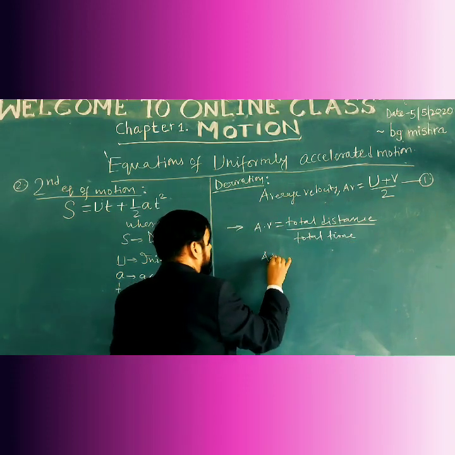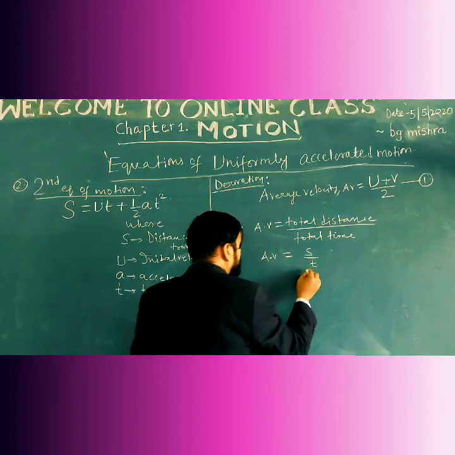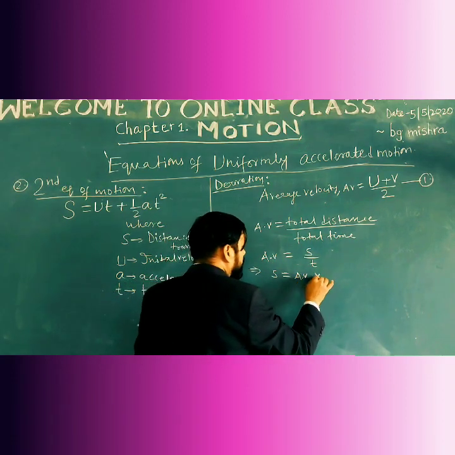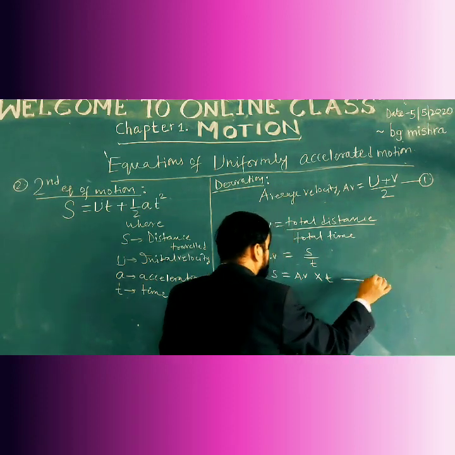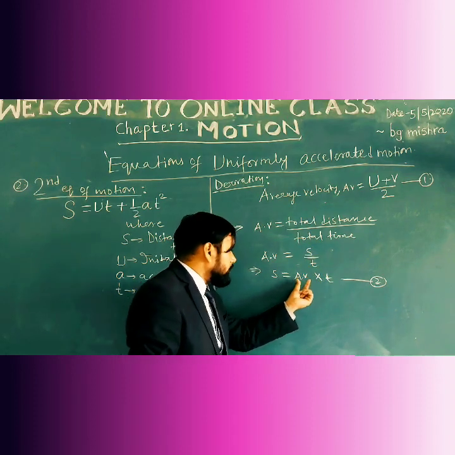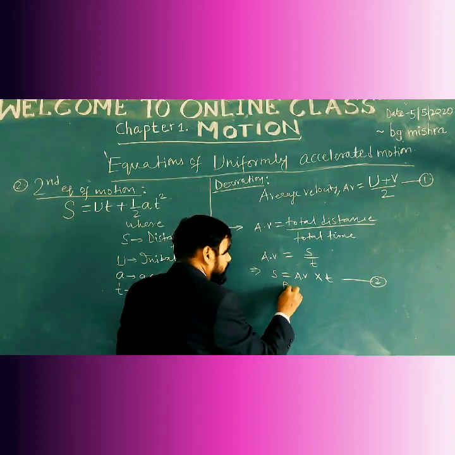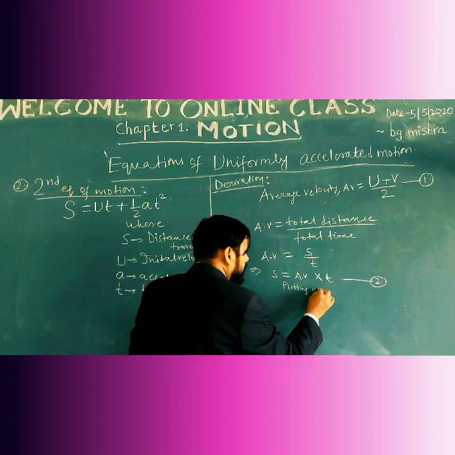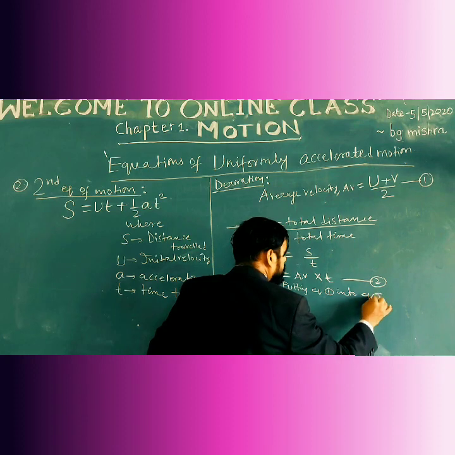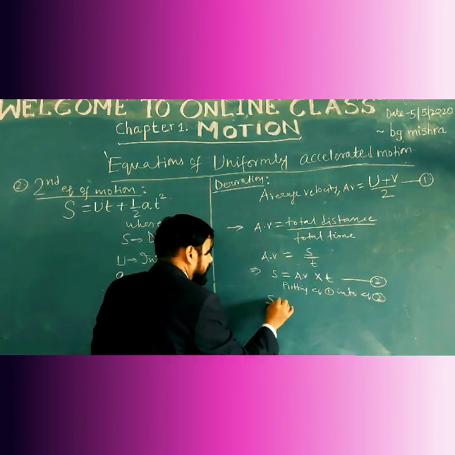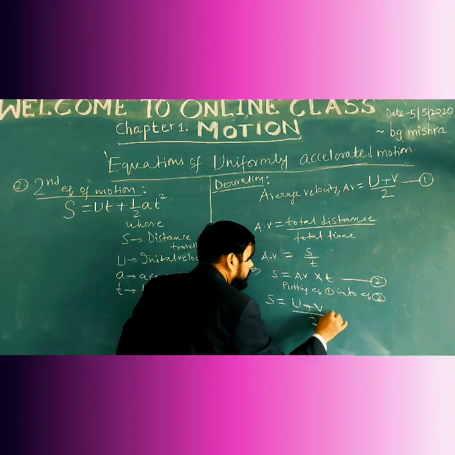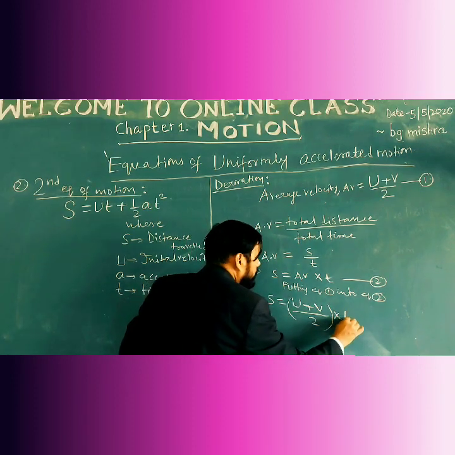That means v_AB equals to S upon T. So cross multiply, S equals to v_AB into T. This is equation number 2. Now put the value of average velocity in equation 2. So substituting equation 1 into equation 2, what you will get? S equals to u plus v upon 2 into T.